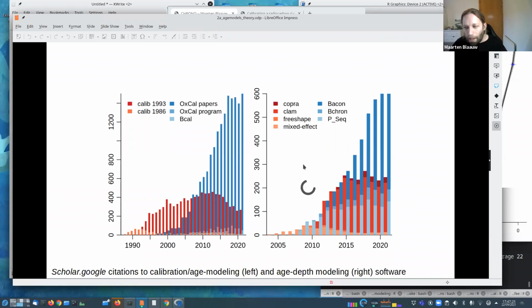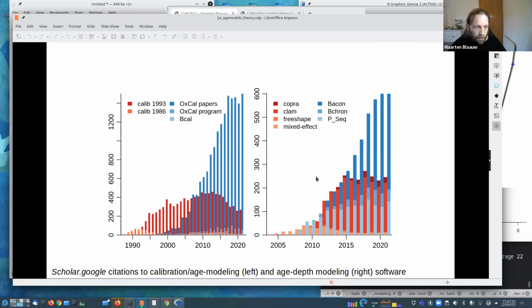Now, if you look at age-depth modeling only, so only at papers that produce approaches to age-depth modeling, then a similar thing happened. So we've got in red papers that I'm aware of that propose and produce new approaches to age-depth modeling. For example, we've got a mixed effect model that came out in 2004 or 5.